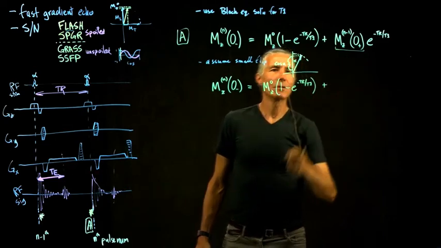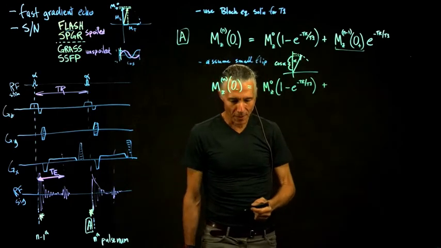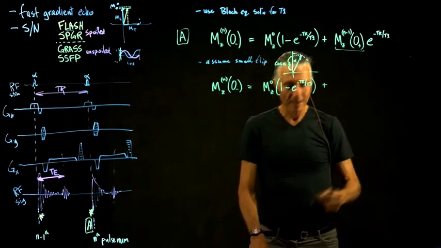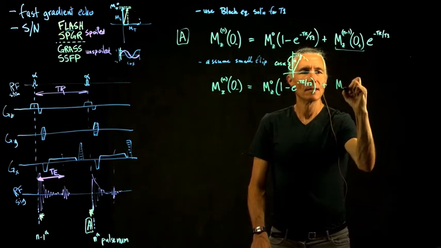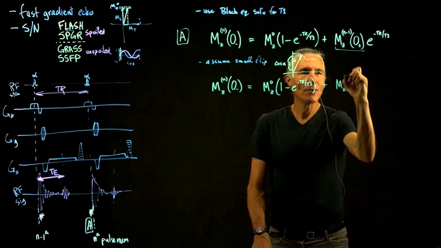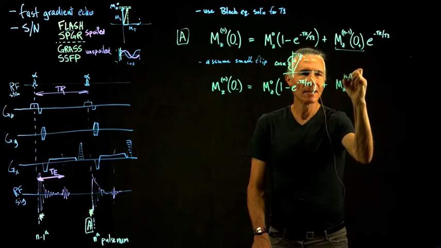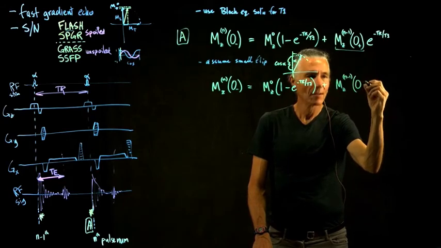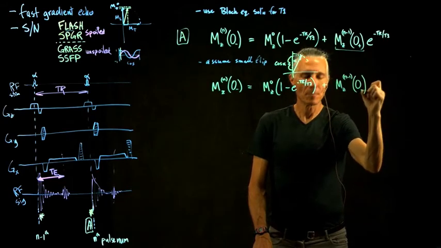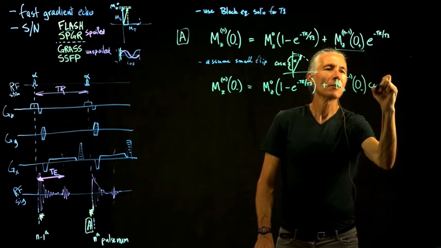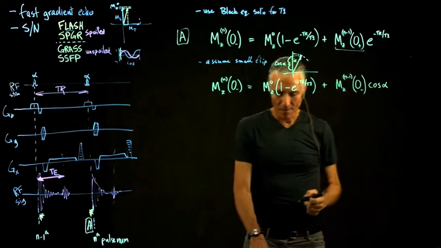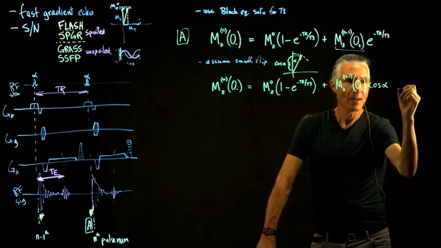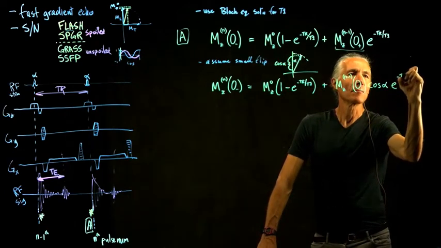But now we're going to substitute something in for that one, and the thing we're going to substitute in for it is basically our unknown magnetization right before the pulse times the cosine of the flip angle, because of our small flip, decayed the same way we did before.